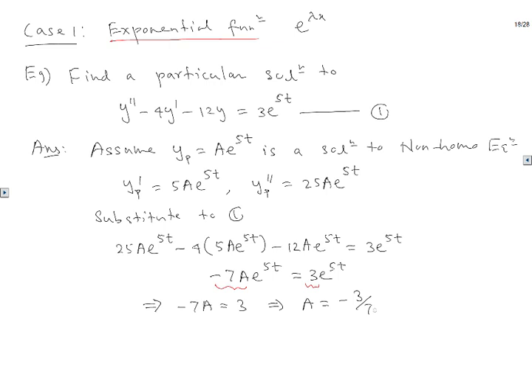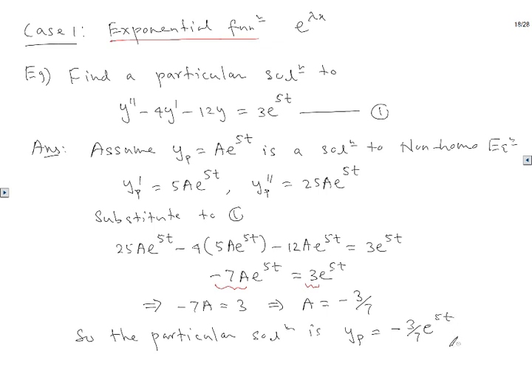So the particular solution is yp equal negative 3 over 7 e to the 5t.